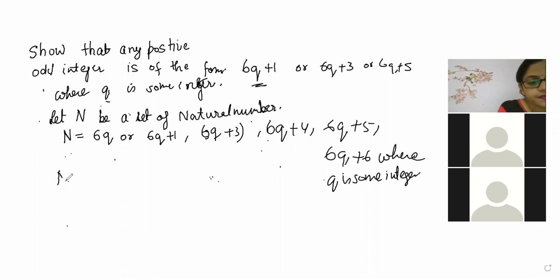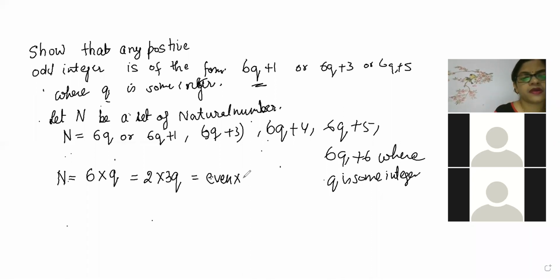Now look here. 6 into q, even into odd. So even into odd will come what? Even.